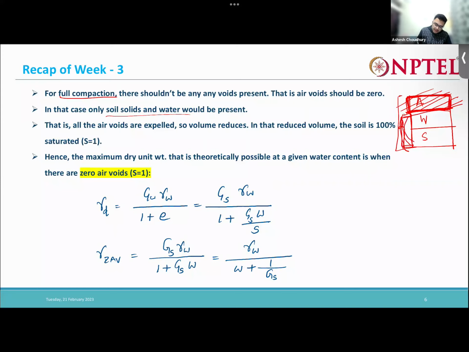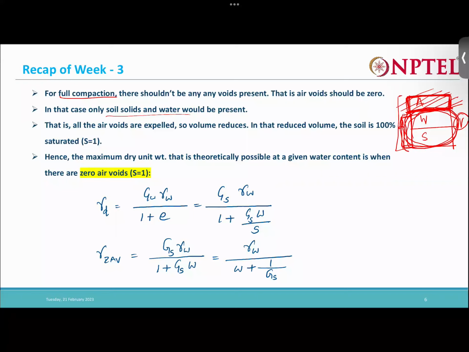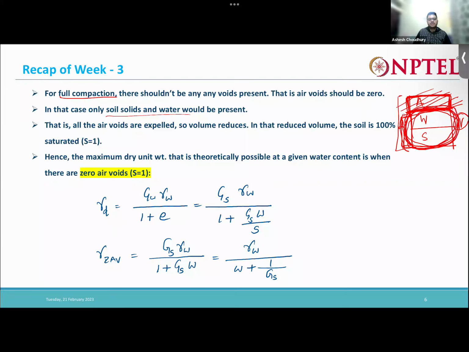In this volume, which is V, I can call my soil completely saturated, right? In this volume, my soil behaves as if it's 100% saturated. It is S equal to 1.